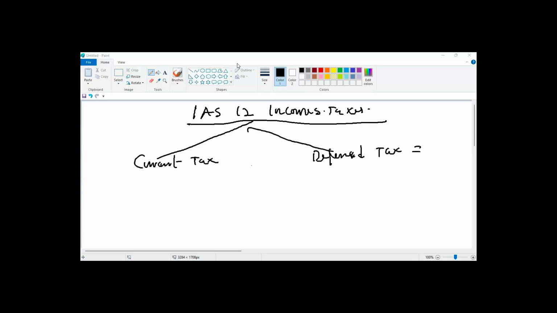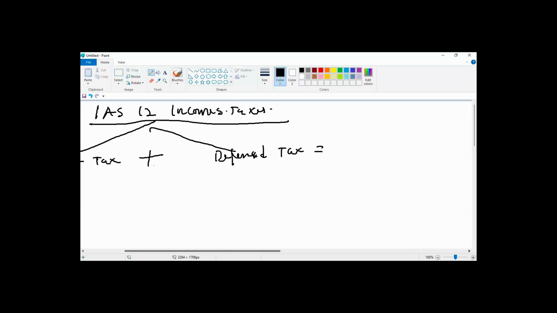Okay. Let's go back. It's about current and deferred tax. The tax that goes to the P or L is the addition of the current tax and the deferred tax, which gives us tax expense.